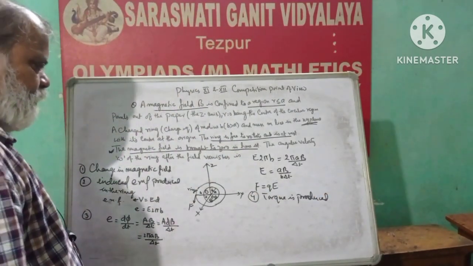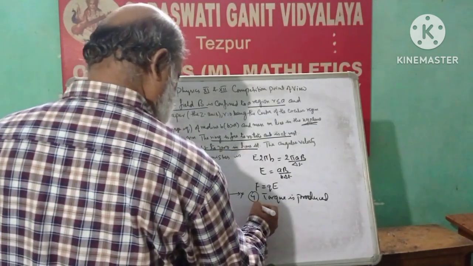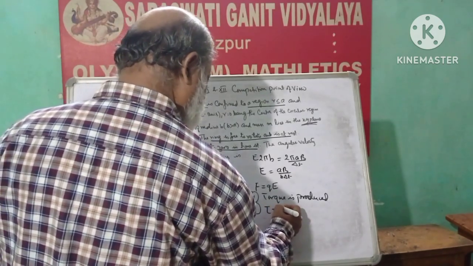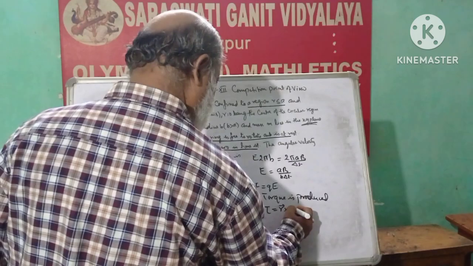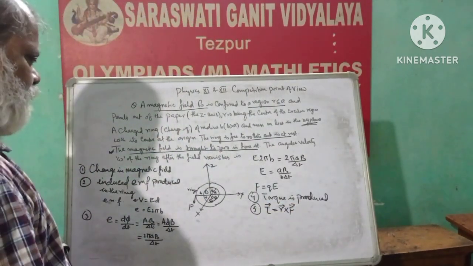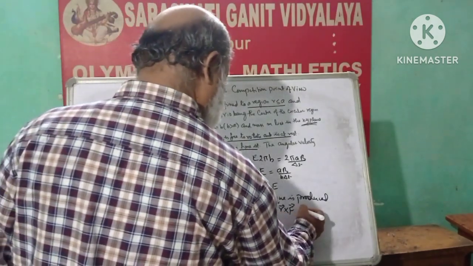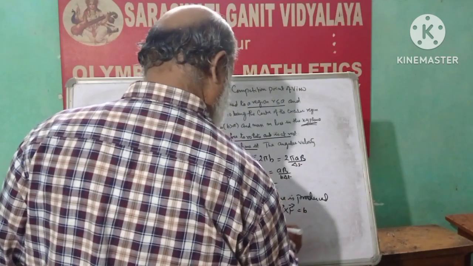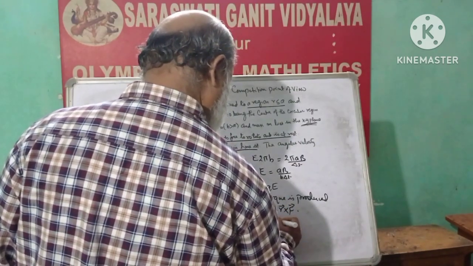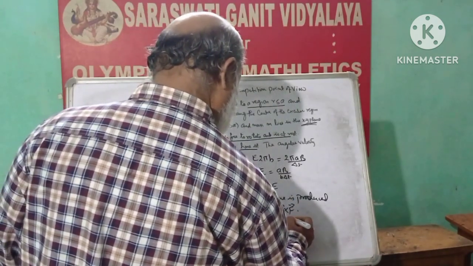Now again, what is torque, which you have read in class 11? Torque is equal to r vector cross F vector. So now here your r is this radius, this is b, and your F is qE.